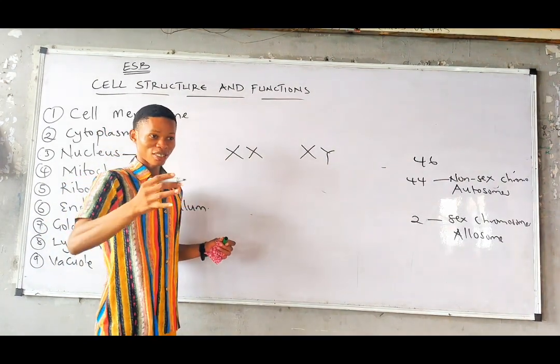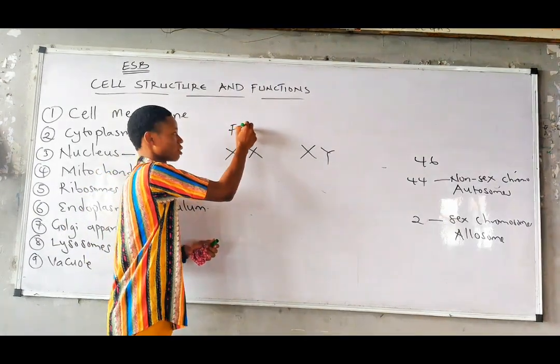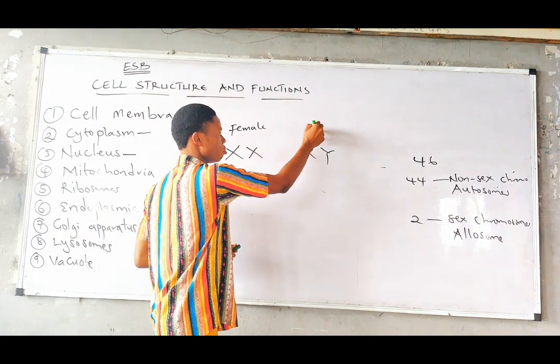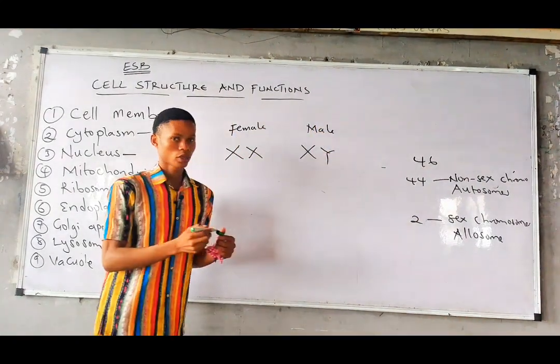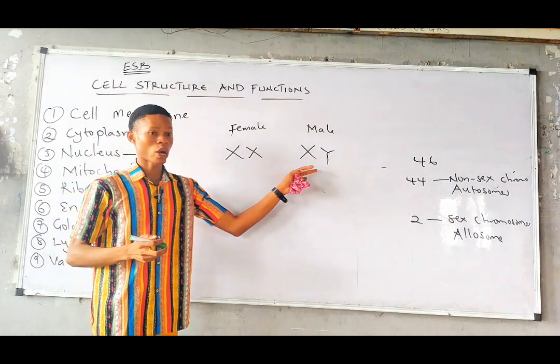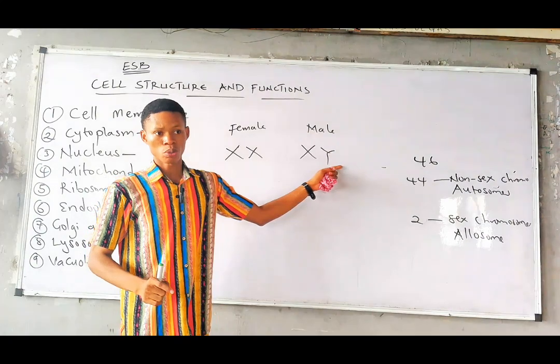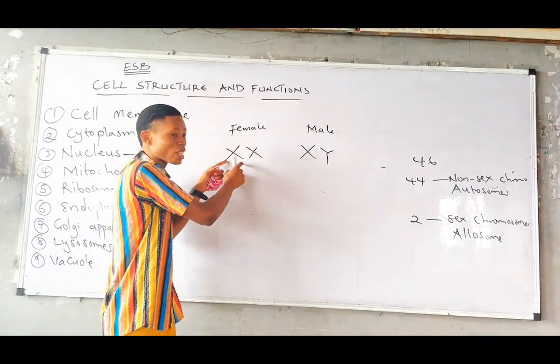Some persons are saying, hey, I don't know if it's male or female. Alright, so this is female, while XY is male. So XX is female, while XY is male. Females lack the Y chromosome. These are our two sex chromosomes.